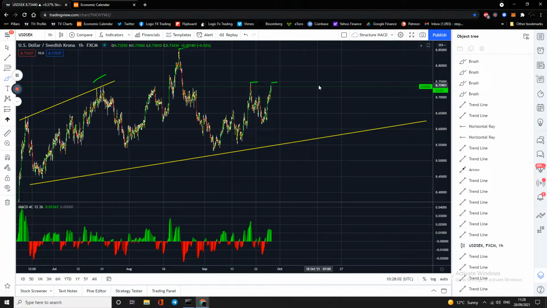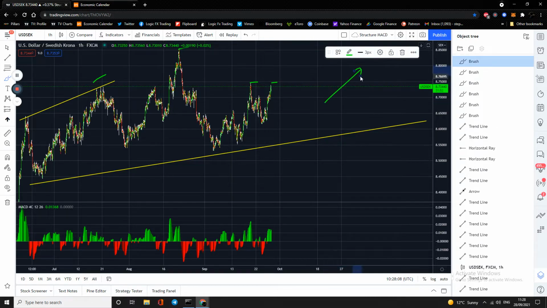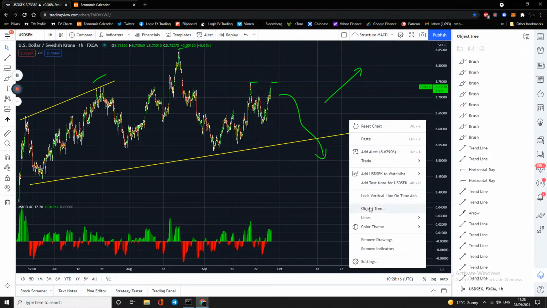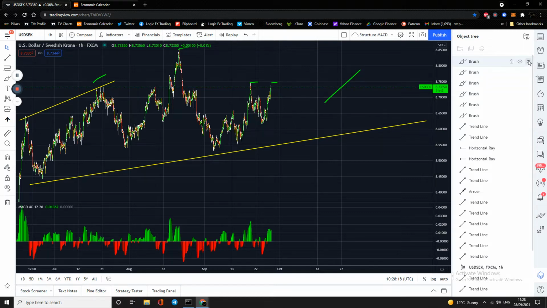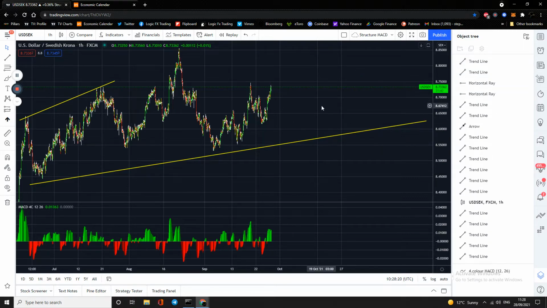And for that reason, maybe you wouldn't take the trade if you were trying to trade it in the opposite direction to that being shown by the structure, guys. But we'll keep an eye on this.